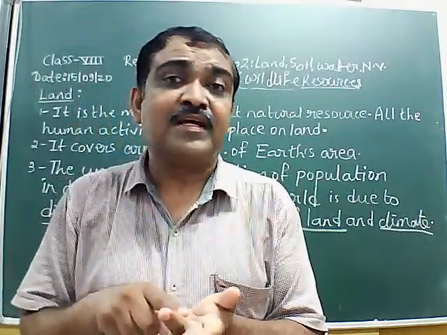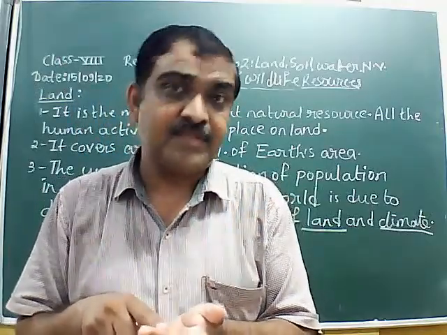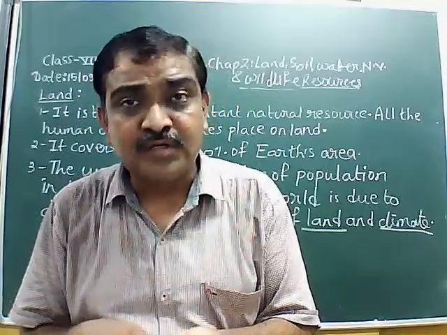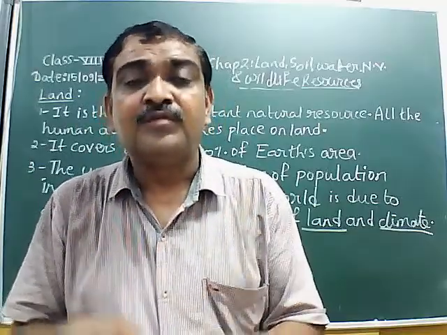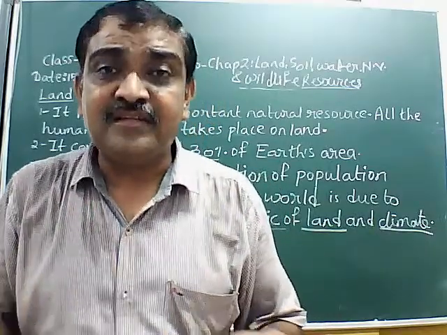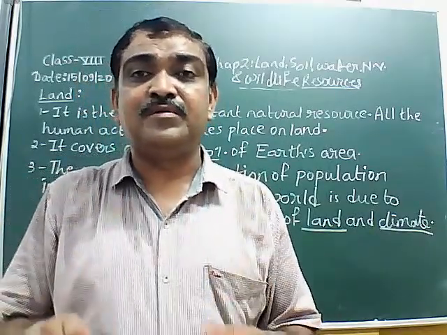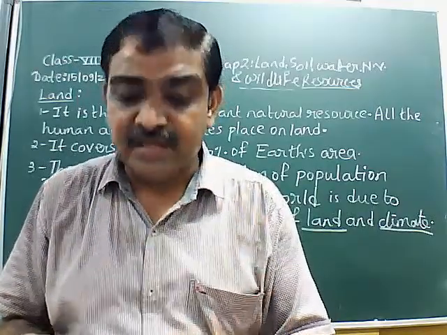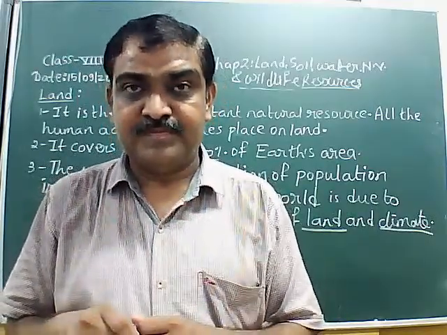The climate is also quite okay, it is neither too hot nor too cold. So जहां पर land और climate के कैरेक्टरिस्टिक सबसे ज्यादा सुटेबल होंगे, those areas have more population.